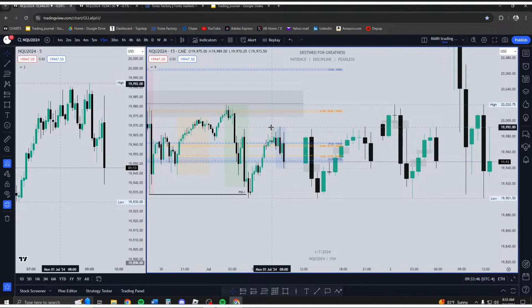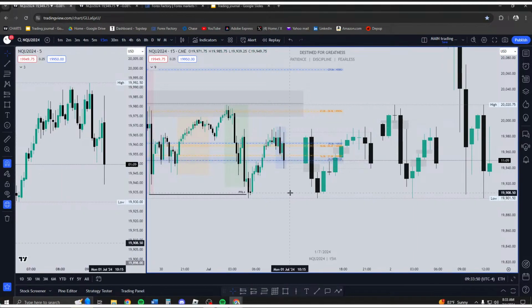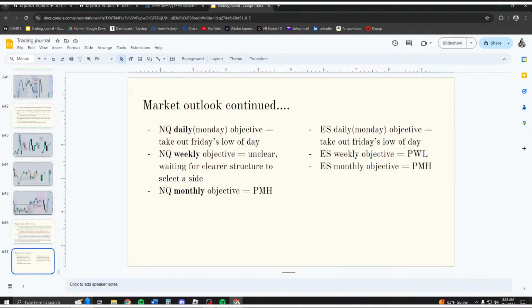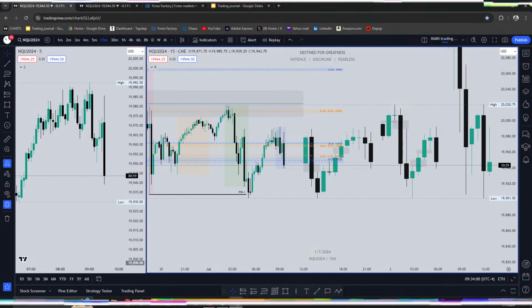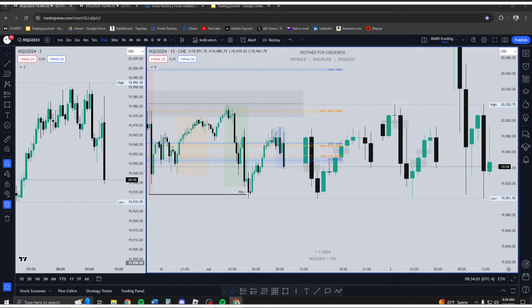So like I said, daily objective has already been taken. Previous day low was my draw coming into today. Yes, it's nowhere near as previous day low.